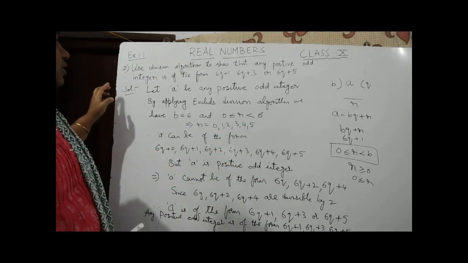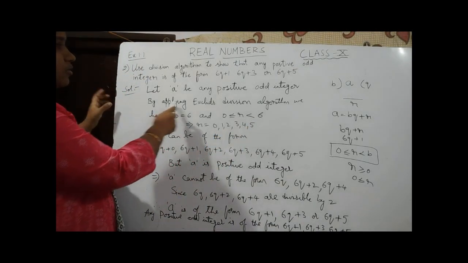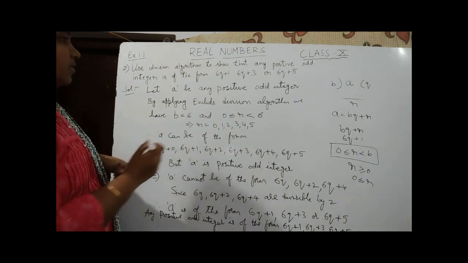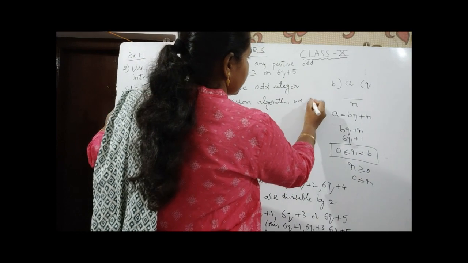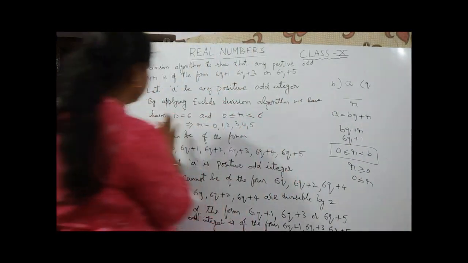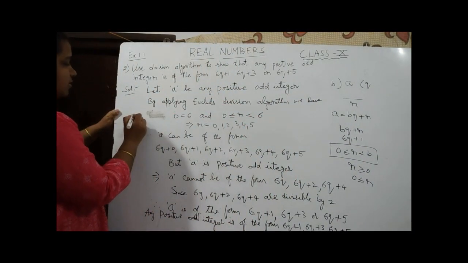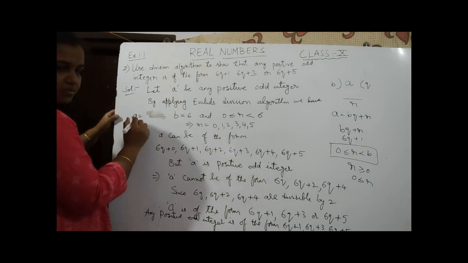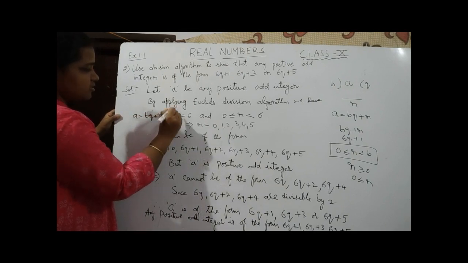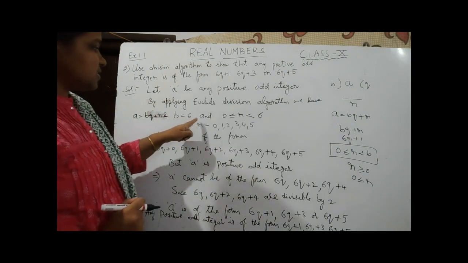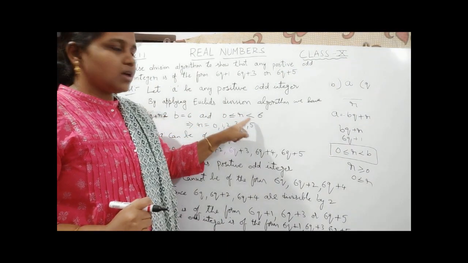Now in this formula by Euclid's division algorithm lemma, you can write A is equal to bq plus r, and b is equal to 6 and 0 less than or equal to r less than 6.